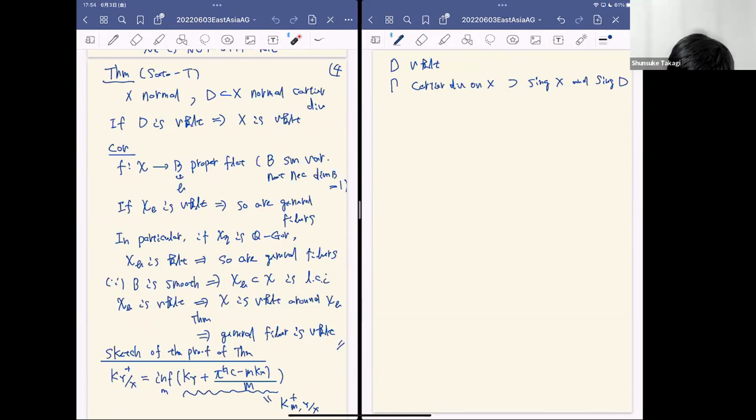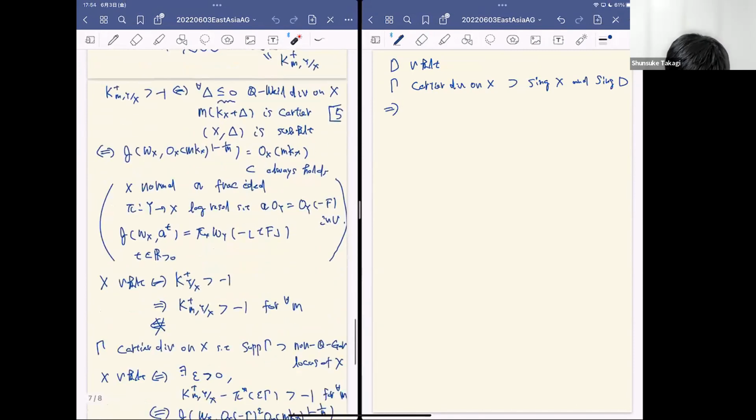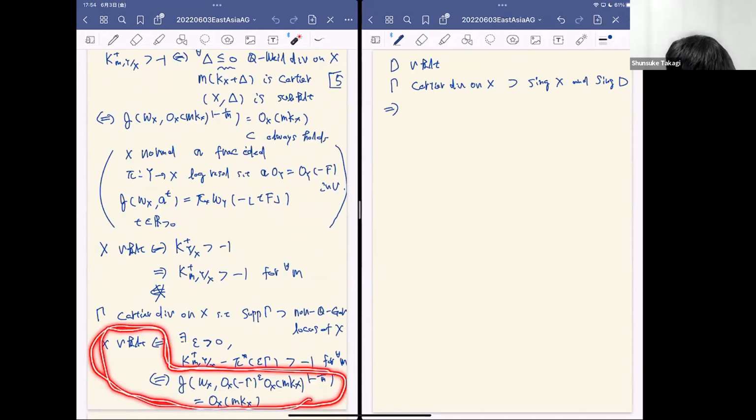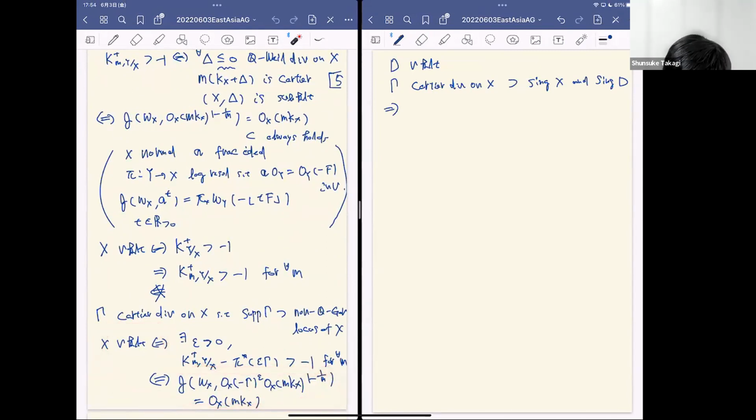Then, using this characterization, we apply it to D, and we get the multiplier ideal of D with these fractional ideals.